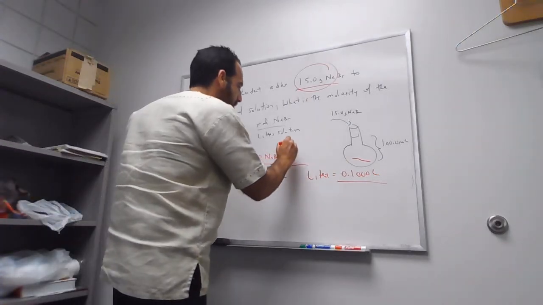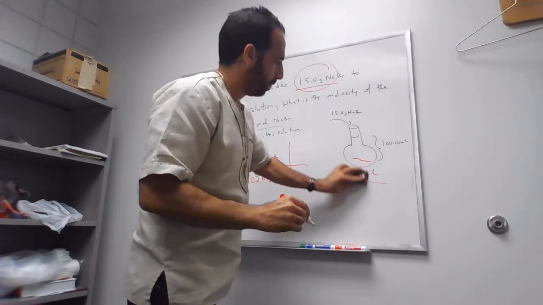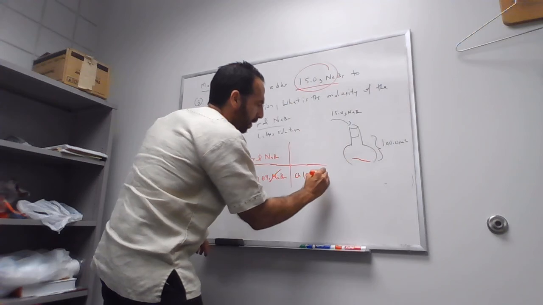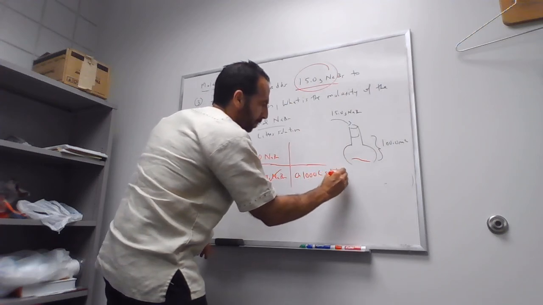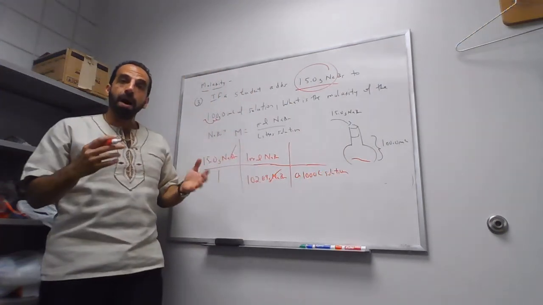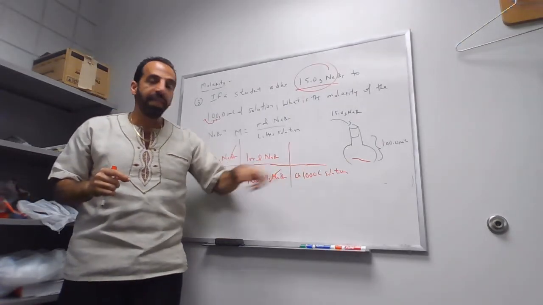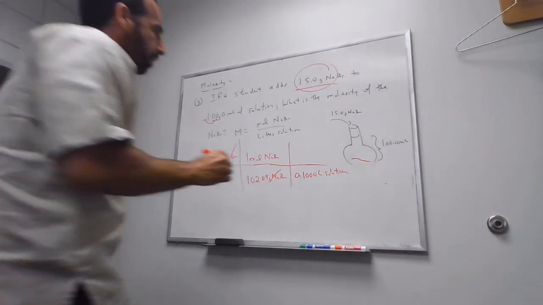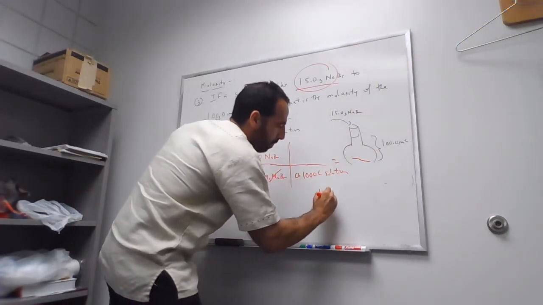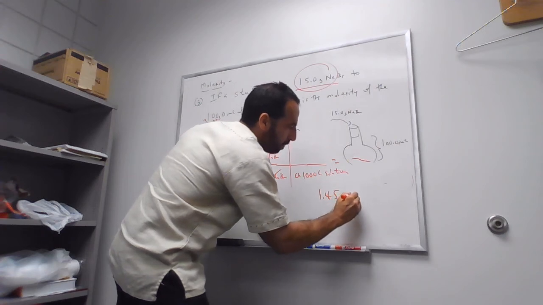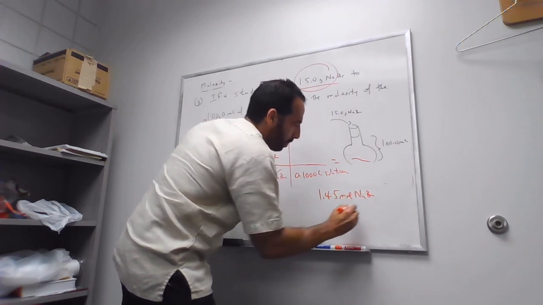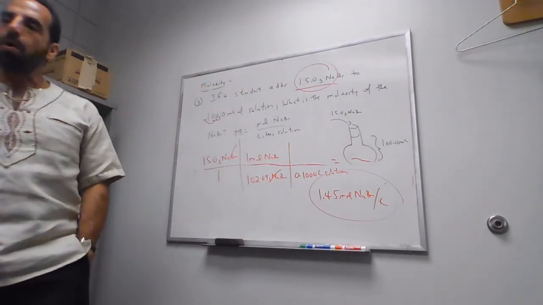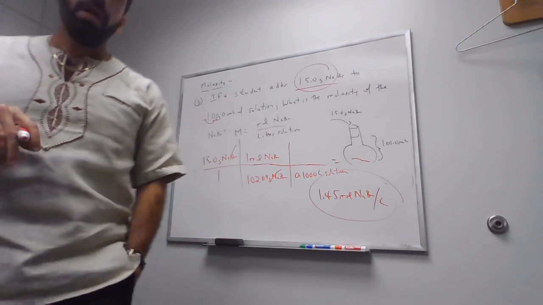In fact, let's just do that all in one step. Just divide it by 0.1000 liters of solution. And so when we work this out, I'm going to end up with moles on top and liters of solution on the bottom. If I work that out, I'm going to end up with 1.45 moles per liter. So 1.45 moles of NaBr per liter of solution.